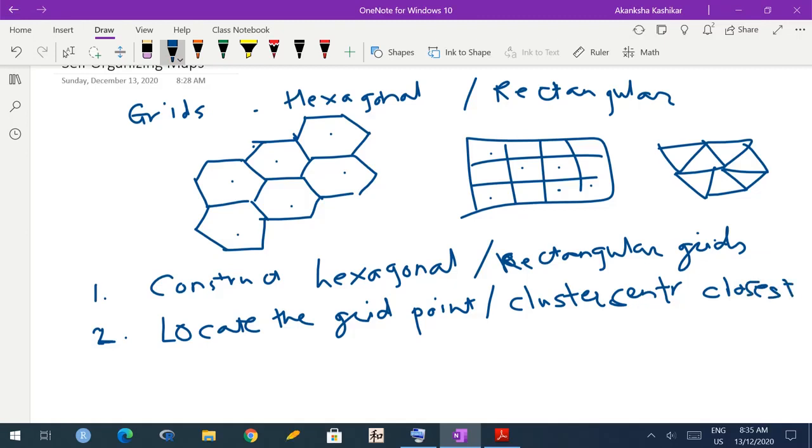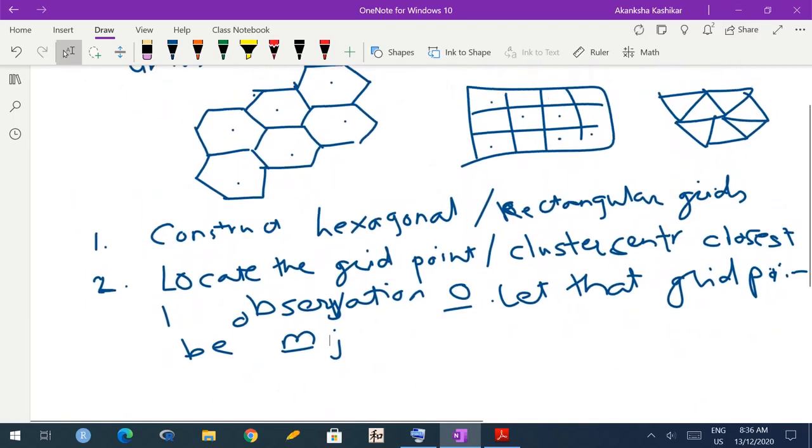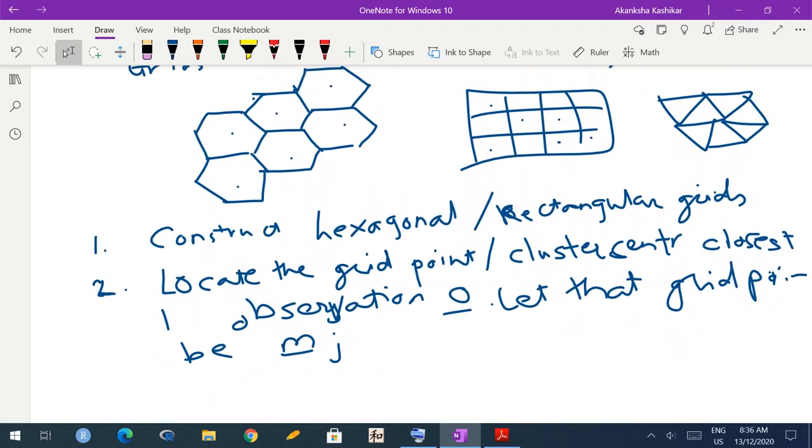Closest to observation O, a particular observation. Let that grid point or cluster center be Mj. So we are in the jth cluster. Originally this Mj is p-dimensional, right? So it's a p-dimensional point. By locating here, we are trying to get its two-dimensional representation.